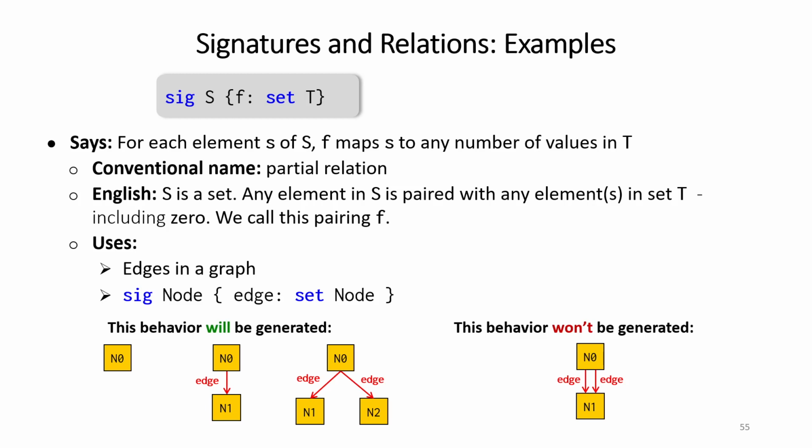And we might have something like nodes with edges to a set of nodes, but then we no longer have a list. We would have something like a tree maybe, or even some stuff with probably cycles, right? I would guess that we can have cycles. But this behavior couldn't be generated. Why not? So the one on the right, where we have actually two edges going from n0 to n1.